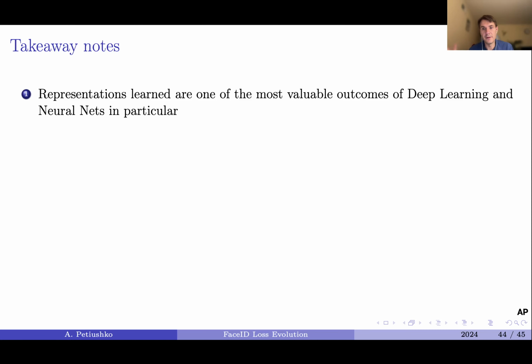And let's finish. Let's make some quite important notes for this lecture. First of all, representations that are learned are one of the most valuable outcomes of deep learning, and neural nets in particular.